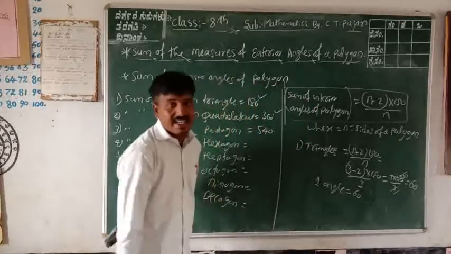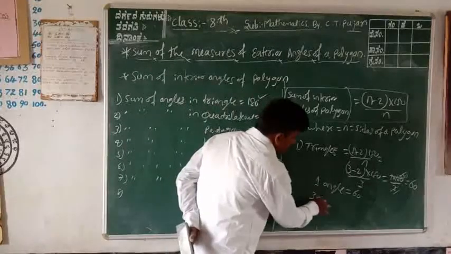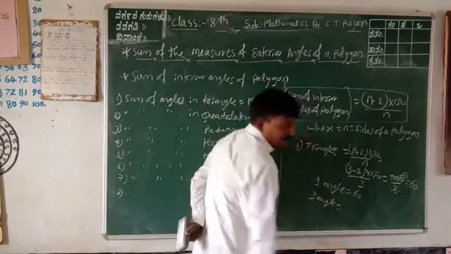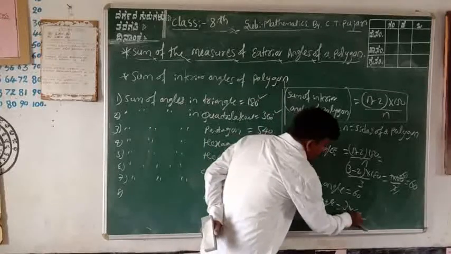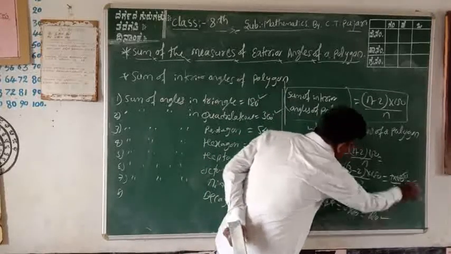How many angles are here? 3 angles, and 3 into 60 is equal to 180 degrees. This is our answer.